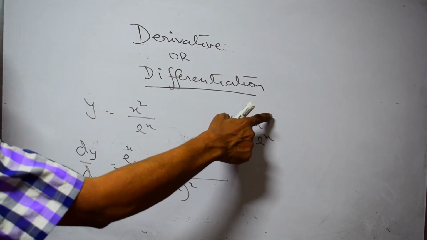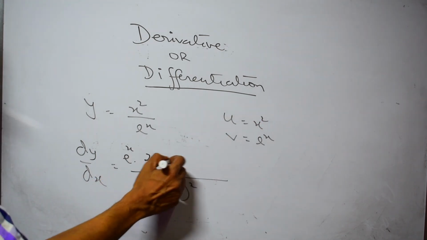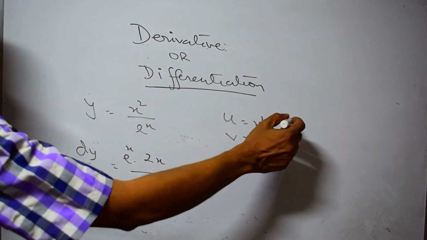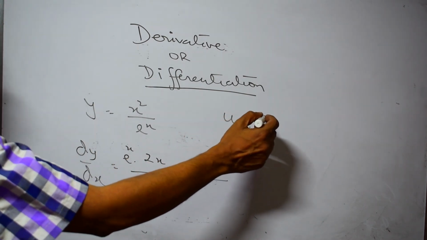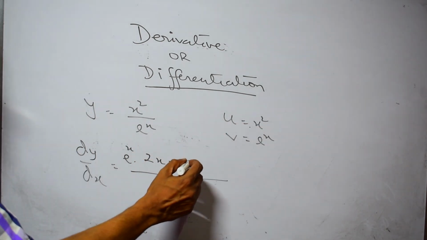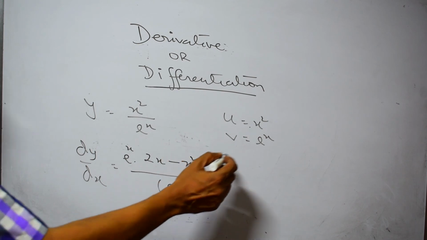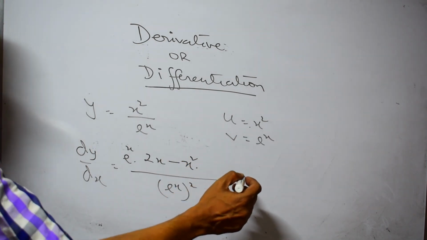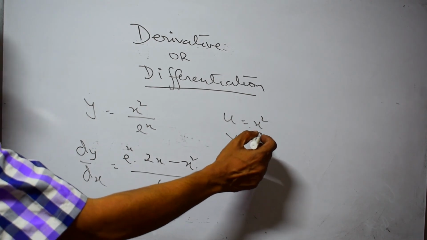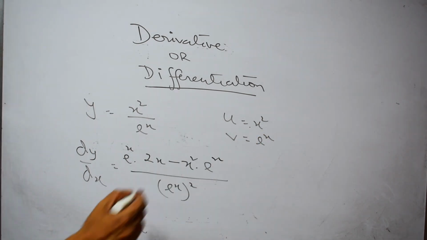The derivative of u is the derivative of x square, which is 2x, using n x to the power n minus 1, so 2x to the power 2 minus 1 comes to 2x, minus u, that is x square, into the derivative of e to the power x, and that will be e to the power x because it is e to the power x into 1, since there is no constant k.